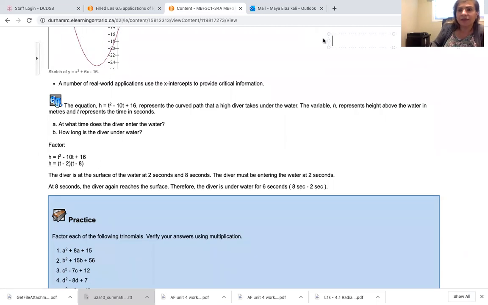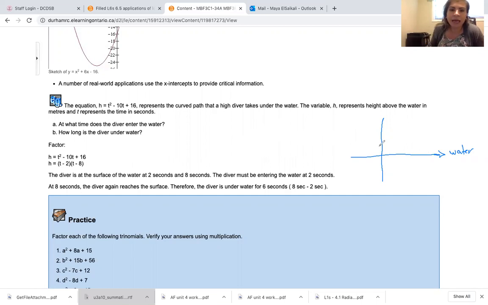Okay, and then if I'm looking at this graph, this line here is basically my water line. My x-axis is my water line, because the height is the height of the diver above the water. So if it's negative, then he's now below the water.